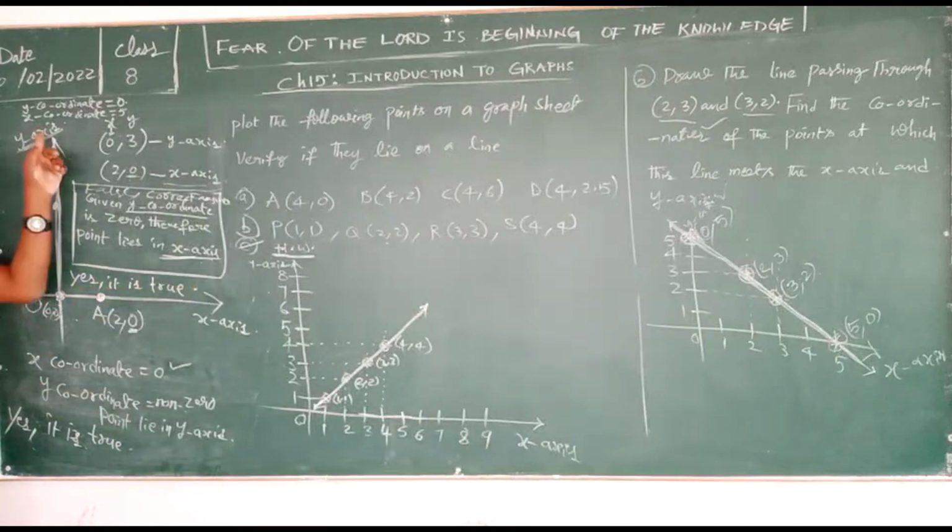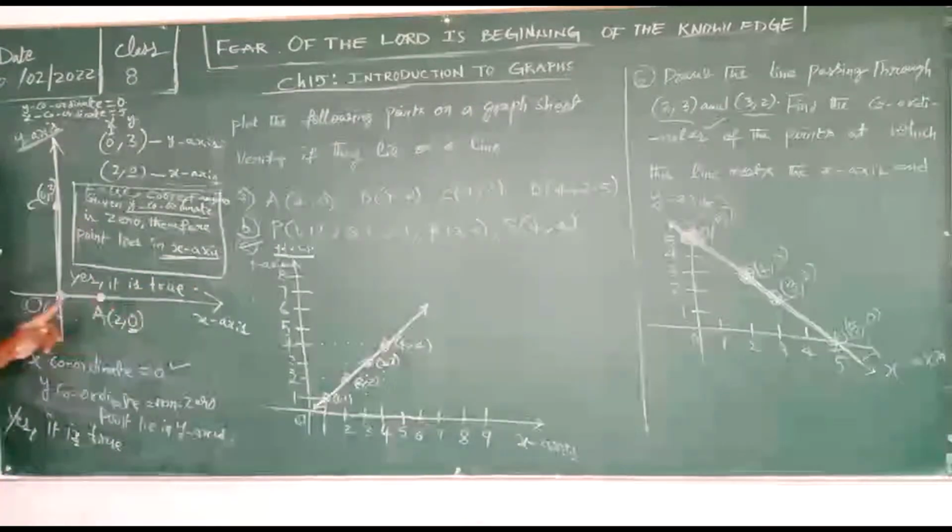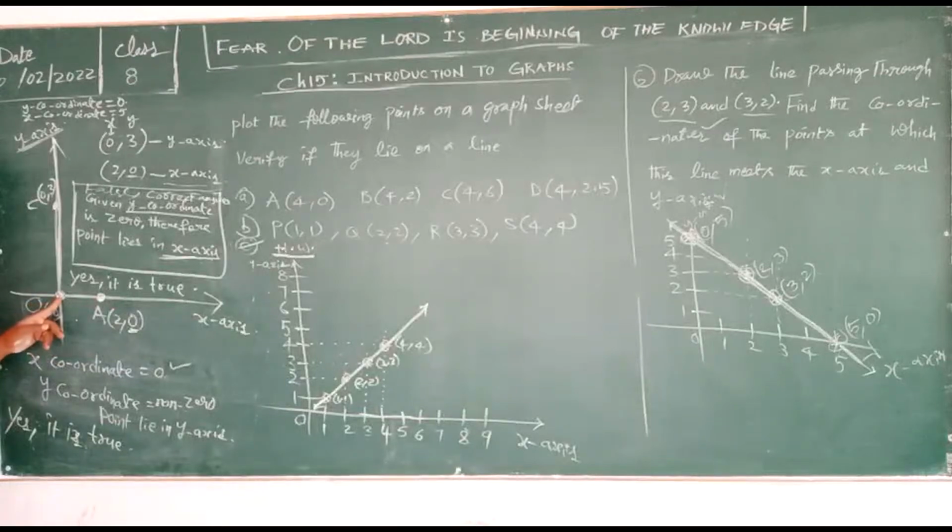The x-axis and y-axis intersect at one point. That point is called the origin. Origin points are 0 comma 0. Where the origin is, x is 0 and y is also 0. Okay, so that is about your fourth question.